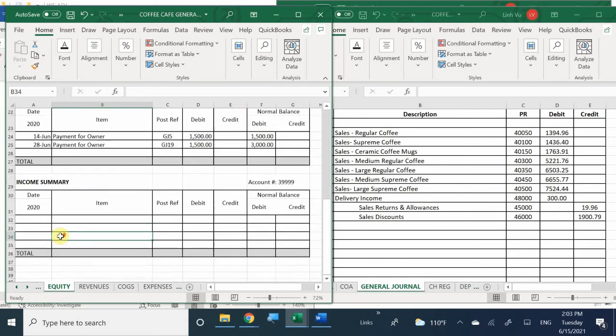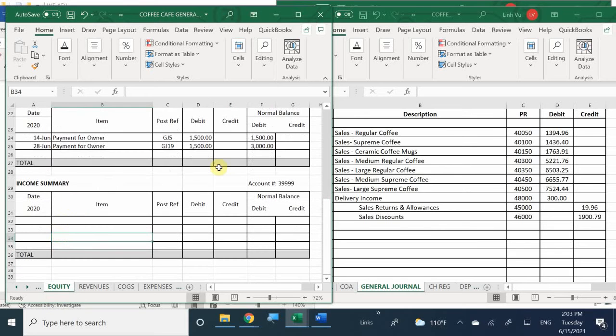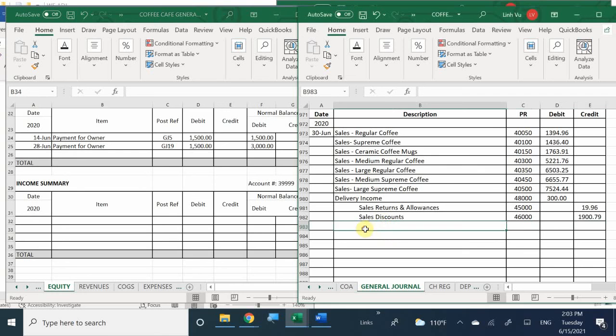Okay, so my income summary is right here. So if I'm going to be closing out to income summary, I'm going to be crediting my income summary, which is account number 39999.